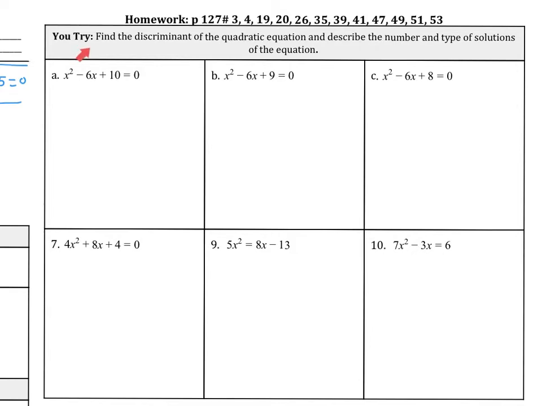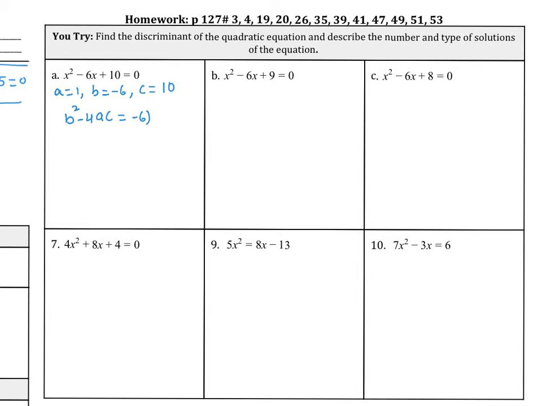Next, you're going to try and find the discriminant of the quadratic equation and describe the number and type of solutions of the equation. First of all, you need to know a, b, and c. That's easy to identify. And then you're going to find the discriminant, that is b squared minus 4ac.